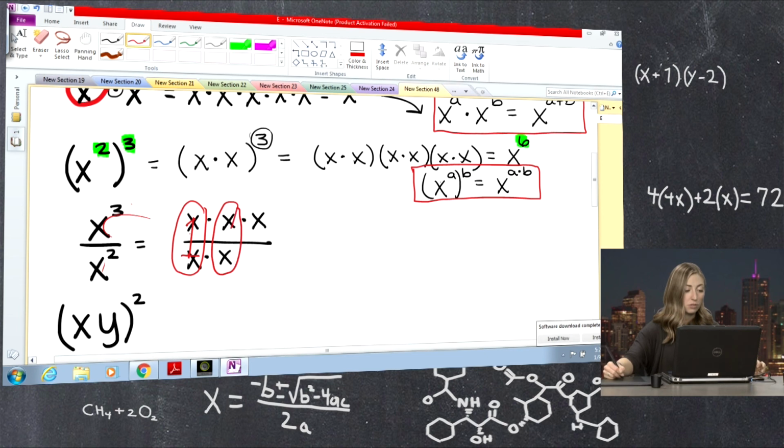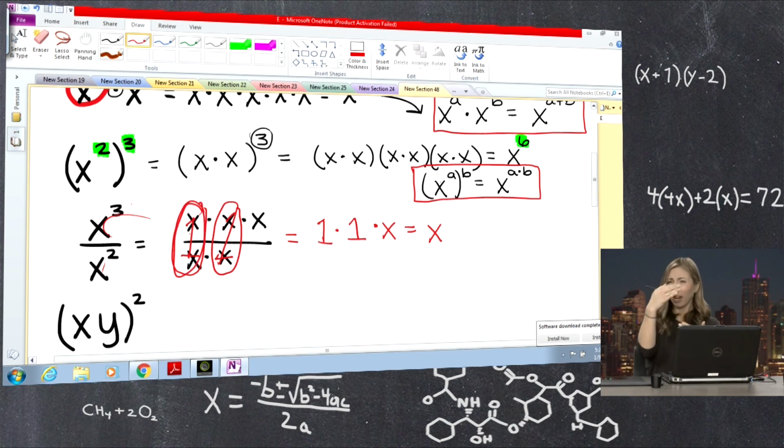This also turns into a giant 1. So really what I have here is 1 times x. And we know that 1 times anything is just itself, so we're left with x. So essentially, x over itself, or anything over itself, cancels, but the reason it cancels is because it turns into 1.